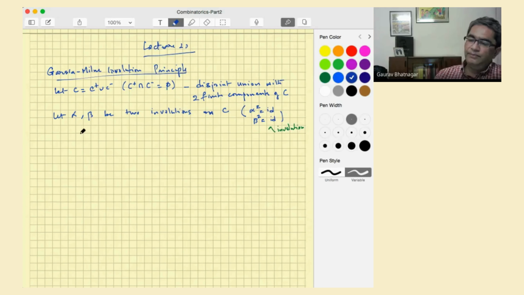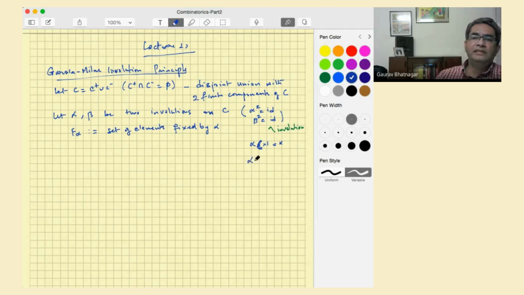And let F alpha be the set of elements fixed by alpha. So it could be that alpha applied at some x is also equal to x.